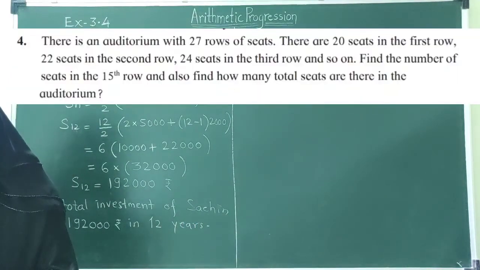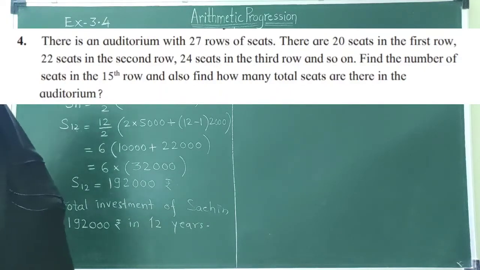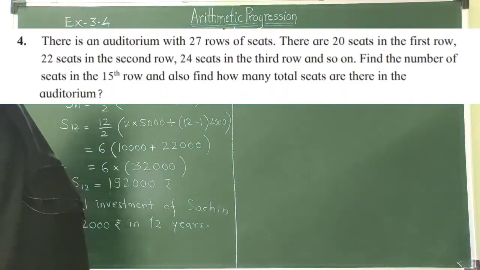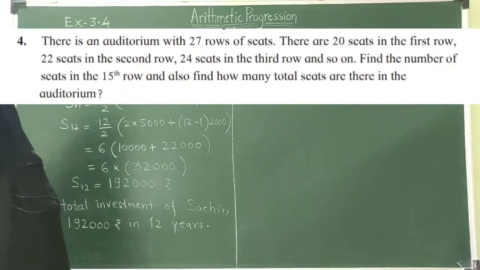Question number 4. There is an auditorium with 27 rows of seats. There are 20 seats in the first row, 22 seats in second row and 24 seats in the third row and so on. Find the number of seats in 15th row and also find the total number of seats in the auditorium.